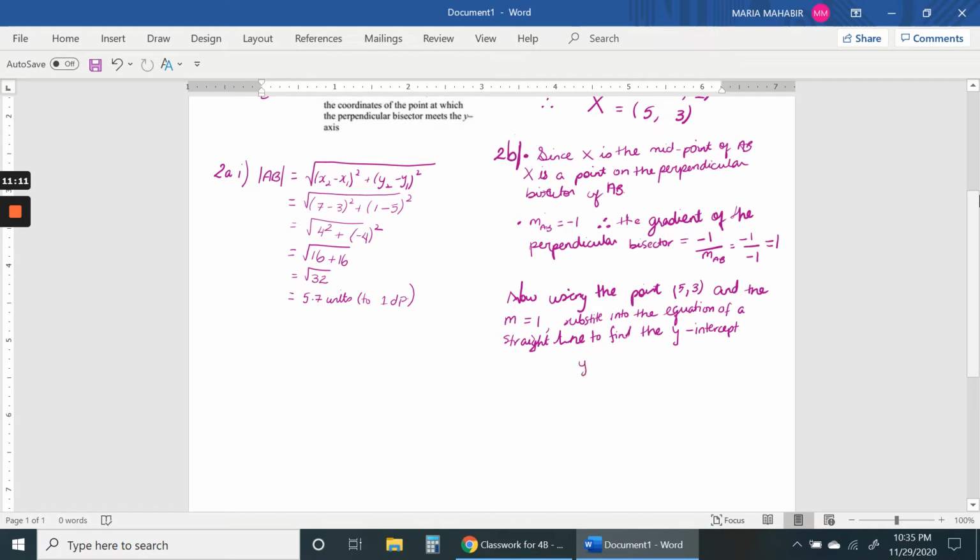So we know the equation of a straight line is y equals mx plus c. We substitute this as x, this as y, and this is m. So we get 3 is equal to 1 times 5 plus c. 3 is equal to 5 add c, or 5 add c is equal to 3 since we want to solve for c. So c would be 3 take away 5 because I carried the 5 across. So c is negative 2.